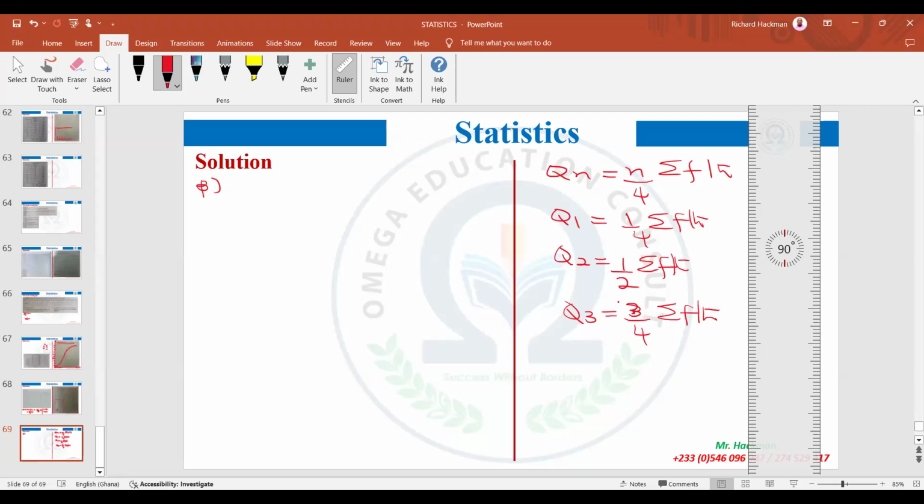Yes, please. Like I said, by the time you finish solving the question you have there, you know all that you are supposed to know under the cumulative frequency. So in this case, what am I looking for?